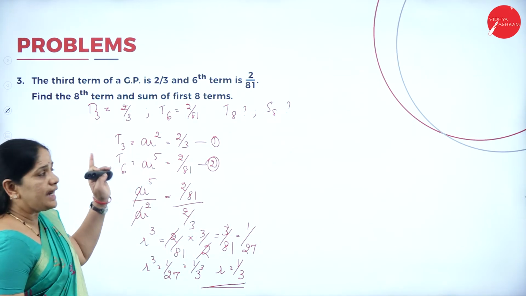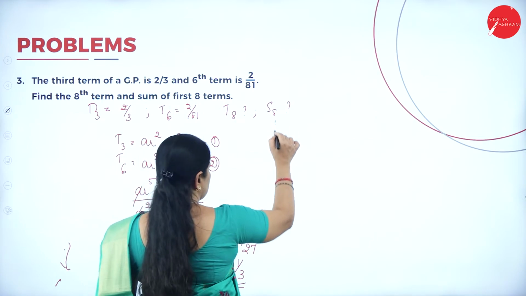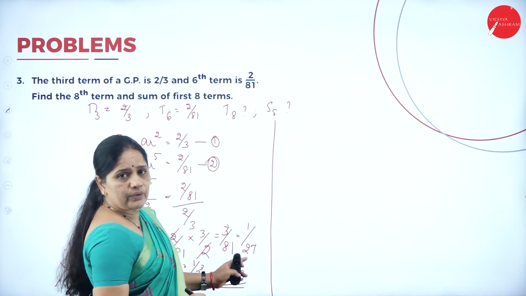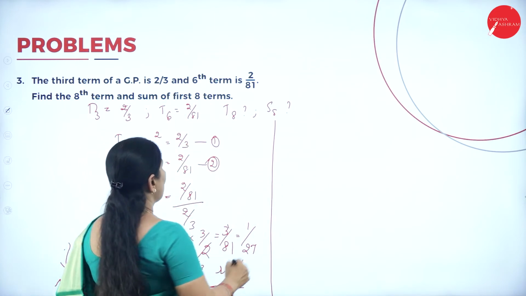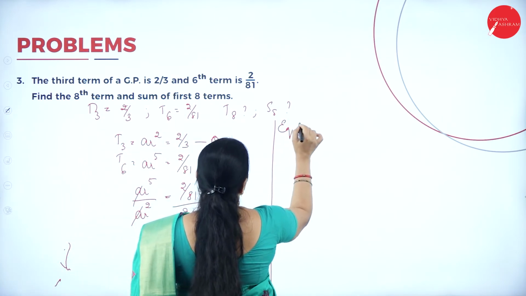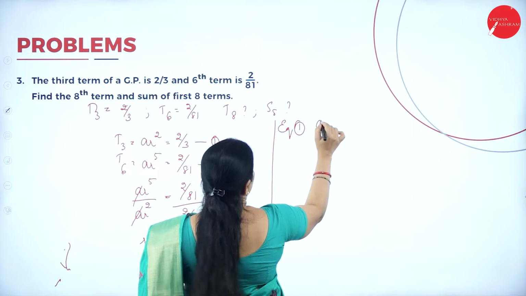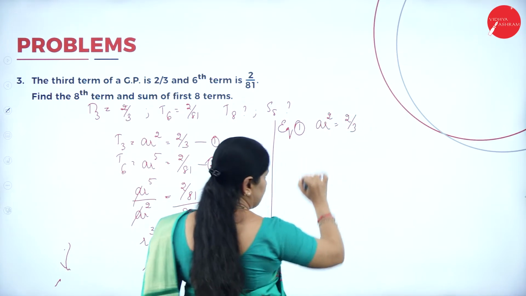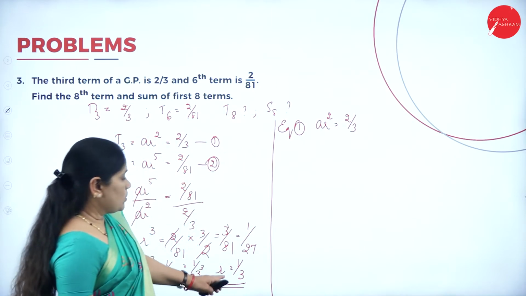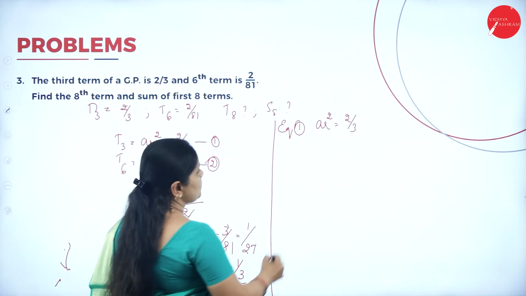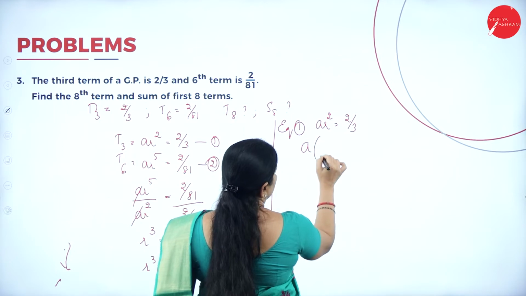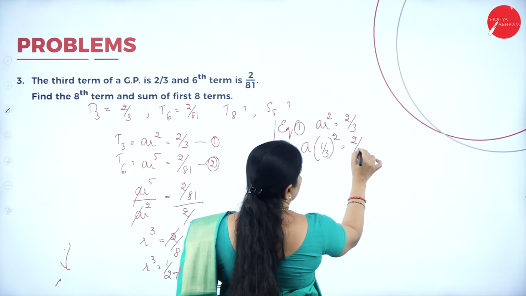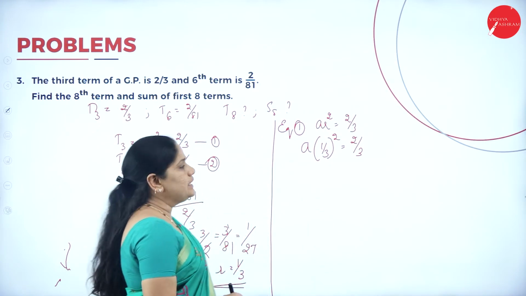Now I have to find A here. So I substitute the value R equals 1 by 3 in equation 1. So in equation 1, AR square equals 2 by 3. So what is R here? R is 1 by 3. I don't know A. So A into 1 by 3 the whole square equals 2 by 3.